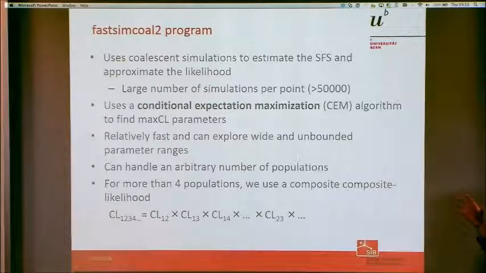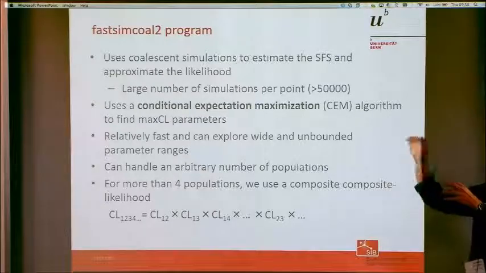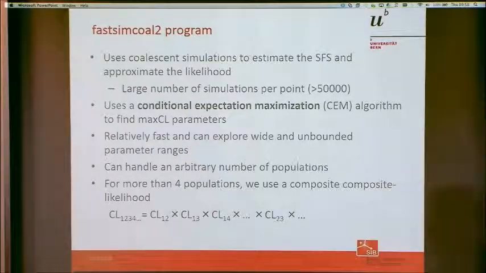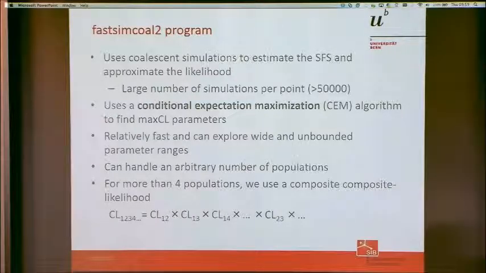It's a bit like an EM, but extended to multiple parameters. So you start with some random parameter values. You fix all of them except one, and then you maximize for this parameter. Then you take the next parameter, fixing all the others, and optimize. And then you cycle like this a number of times until you reach convergence.